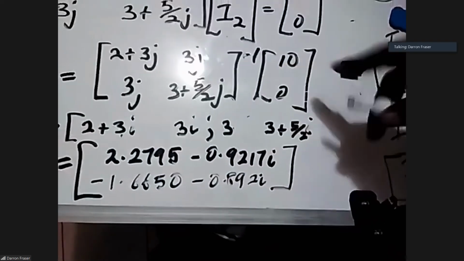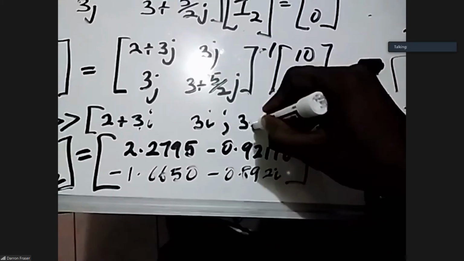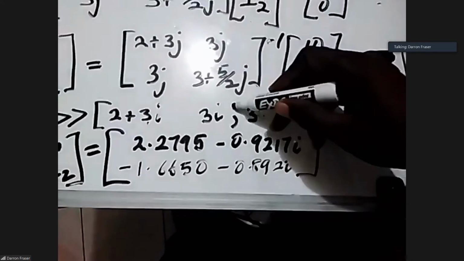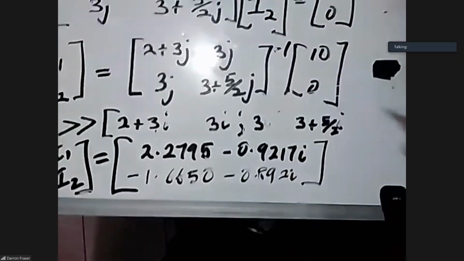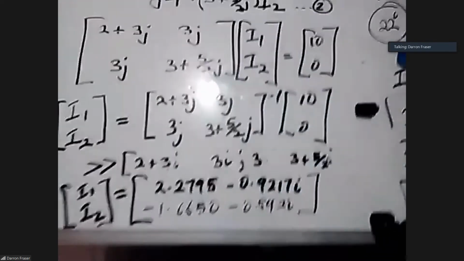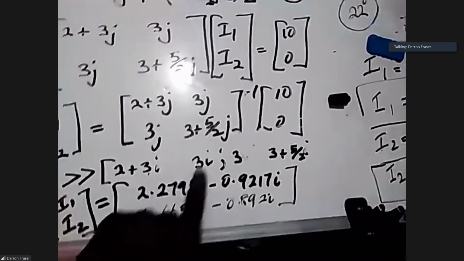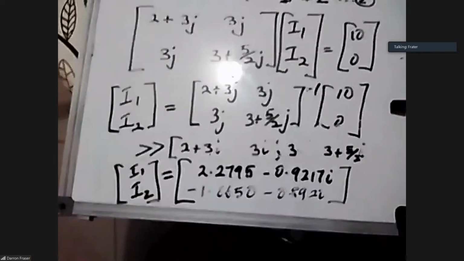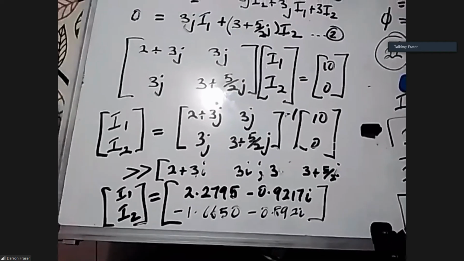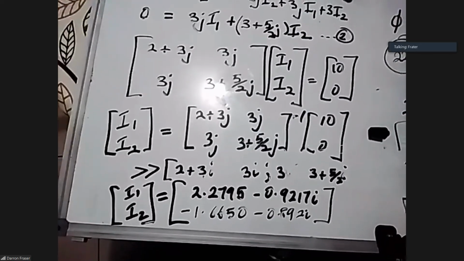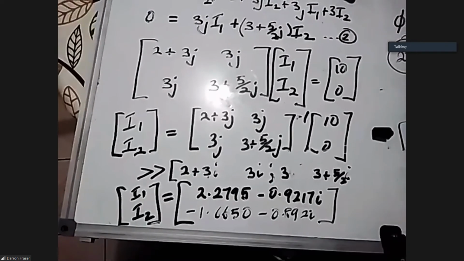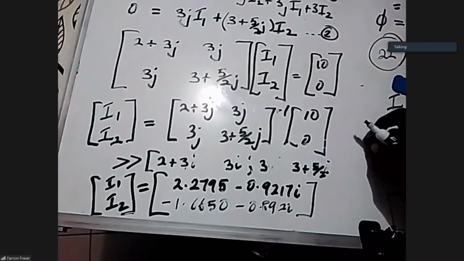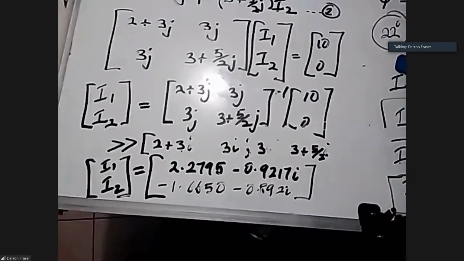Put them closer together. What I have in front of 3 is a semicolon. If you're writing it in MATLAB, then you have to put in a semicolon. Okay, so it's 3i semicolon 3i. That's supposed to be 3i again.